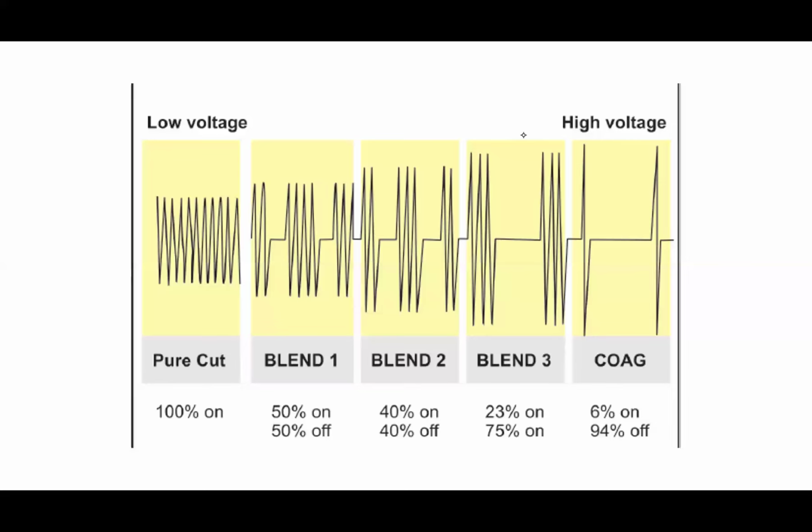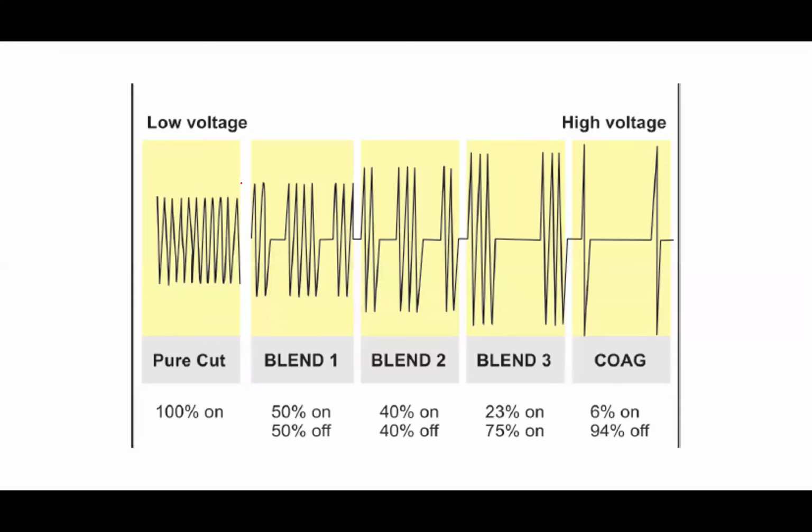Now, this image is very important for you to understand. If you remember the physics, the basic rules of electricity, we mentioned frequency and voltage. We said that electrosurgery has high frequency.